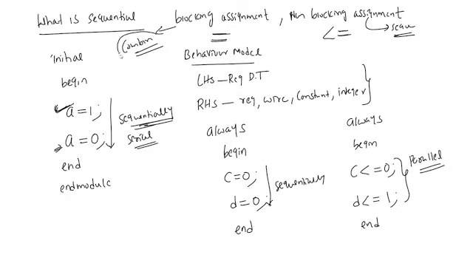Why? Because in combinational circuits, if there is any change in the input, the output will change. You can't combine both blocking and non-blocking. Is it fine? Okay, yeah.